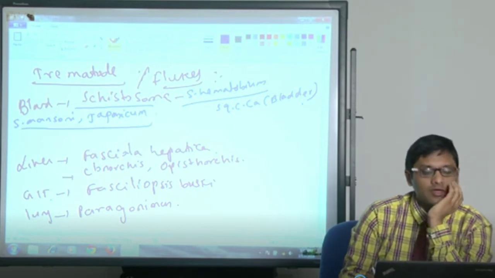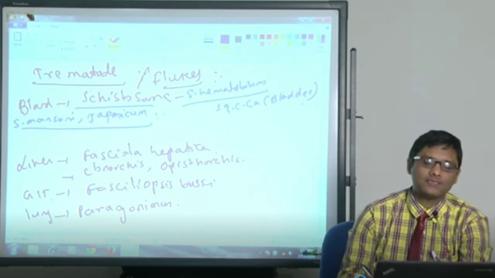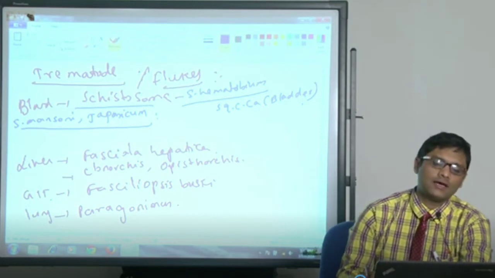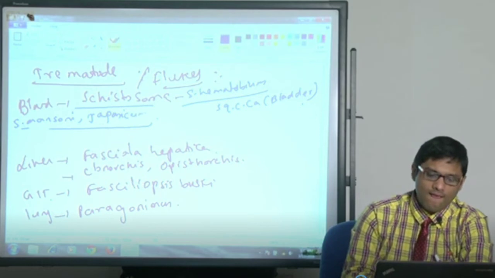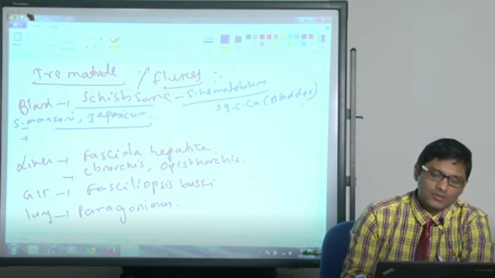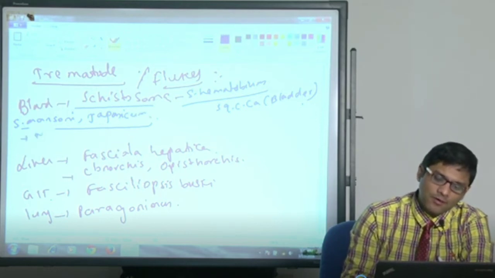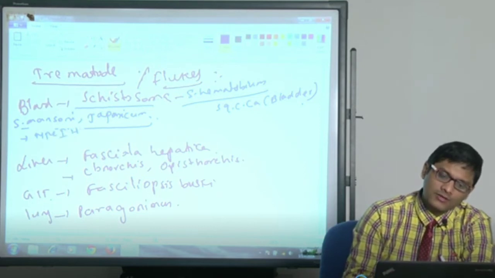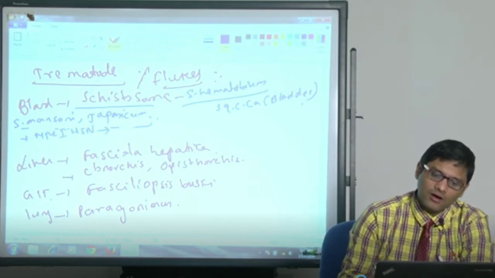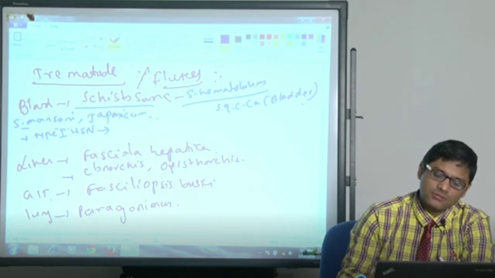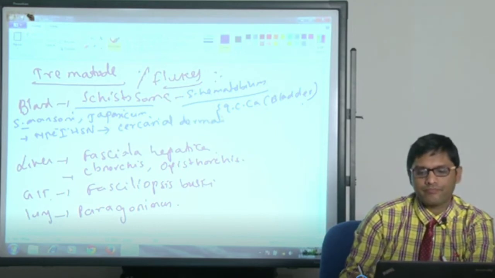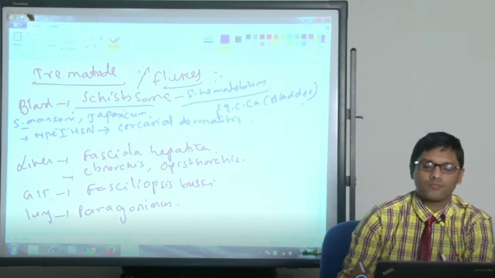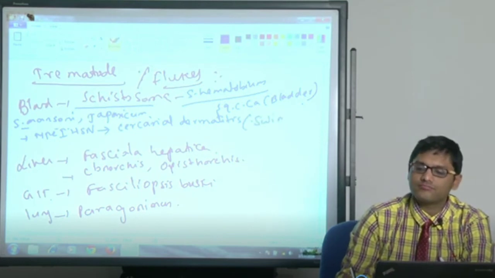Japonicum, they cause two important hypersensitivity reactions. They cause a cutaneous type 1 hypersensitivity reaction called cercarial dermatitis, or swimmer's itch.